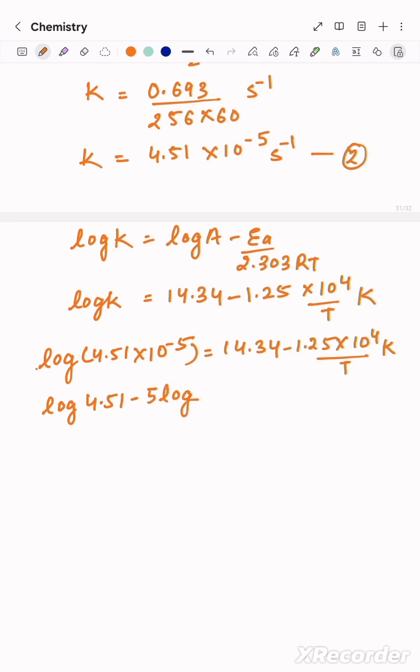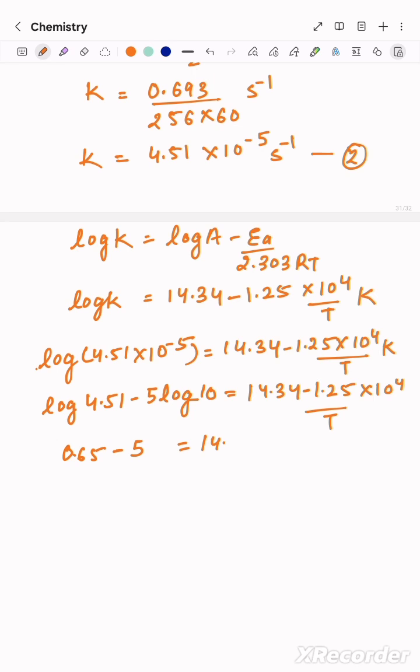It is written 14.34 minus 1.25 upon T. Now log 4.51 value is 0.65, and here 5 log 10 means 5, because log 10 value is 1.